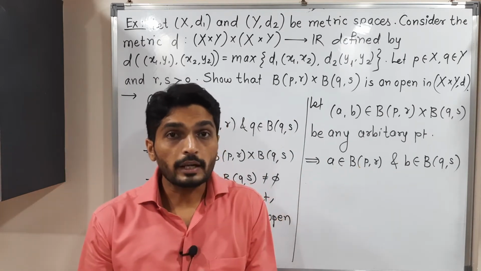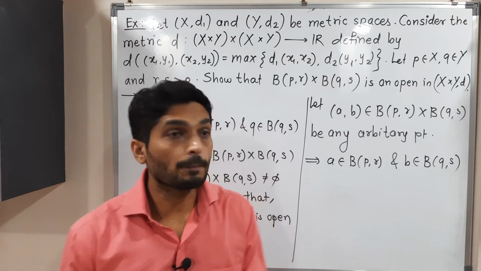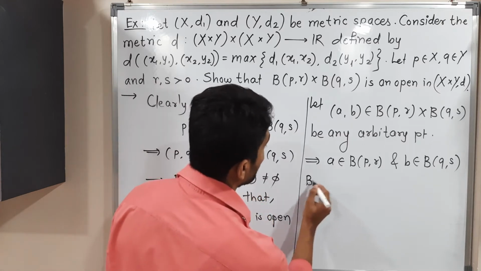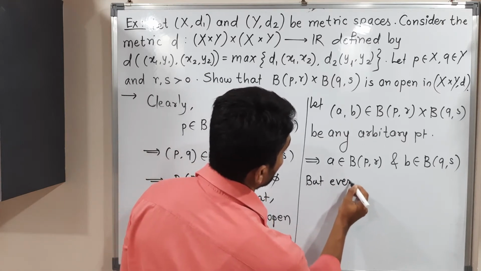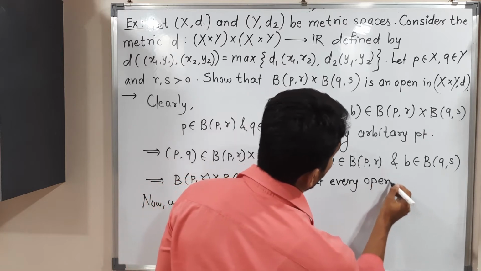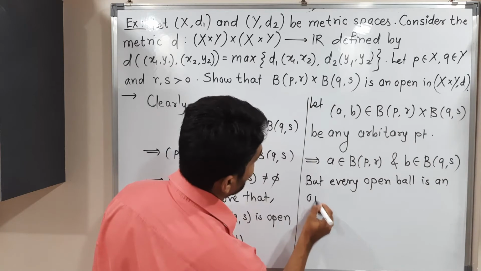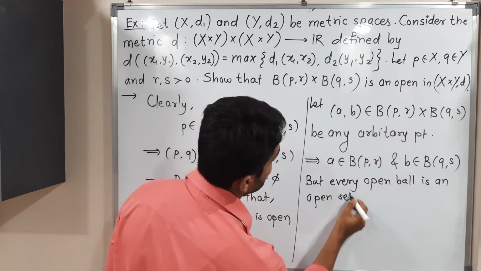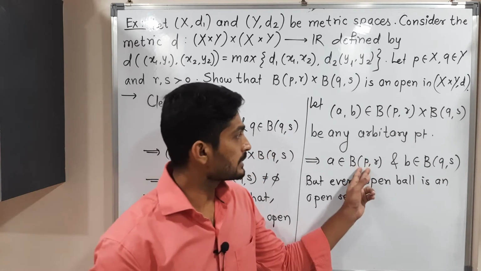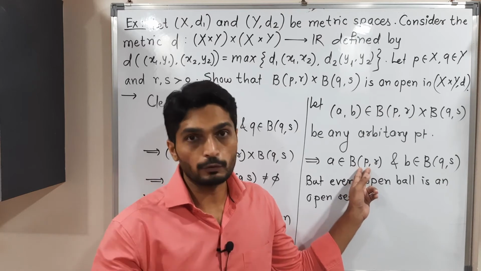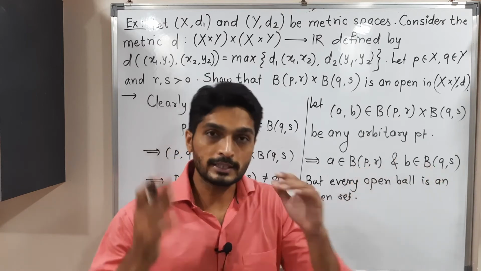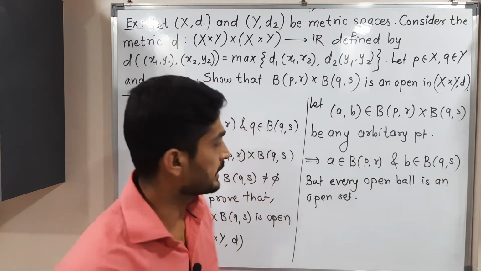See, instead of that, what will I do? You know that every open ball is an open set. You are familiar with this thing, getting? So can I say this ball is an open set because every open ball is an open set. This ball is also an open set because every open ball is an open set.